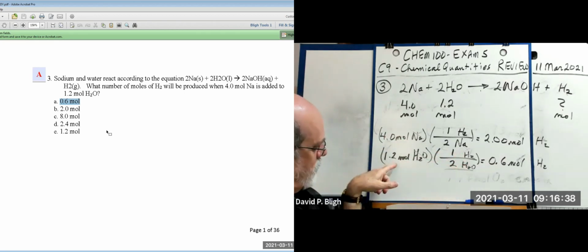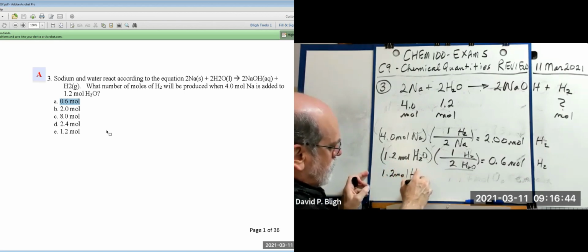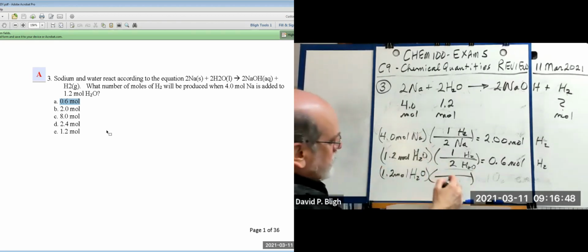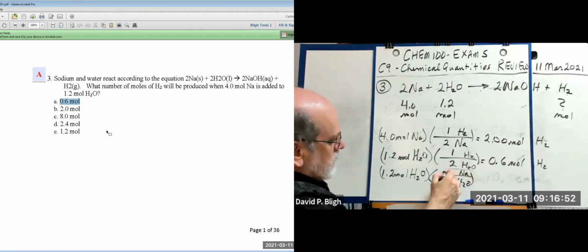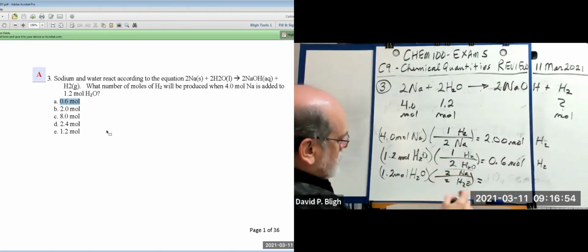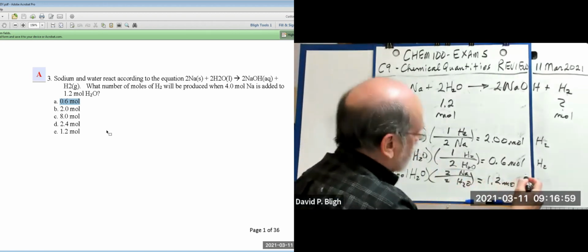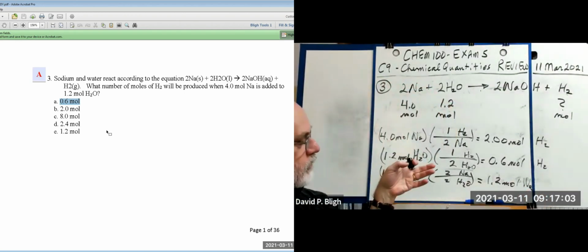Well, you go back here. If you're using up all of this, then the number of moles of sodium that are being used is 2 to 2, which is 1 to 1. 1.2 moles of sodium are being used. So you're going to have how much left over?